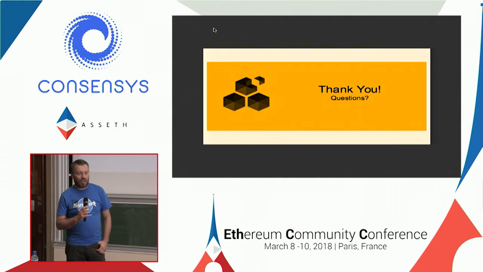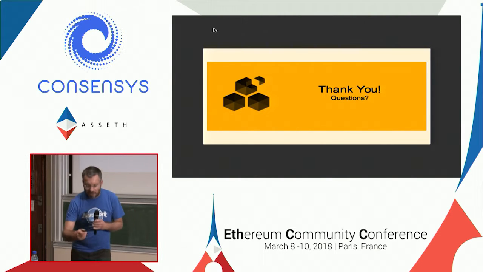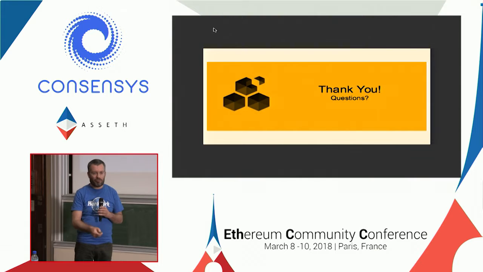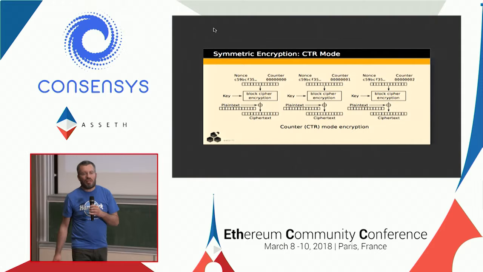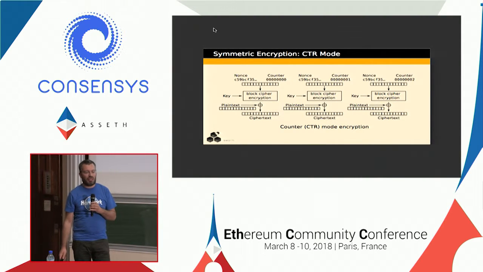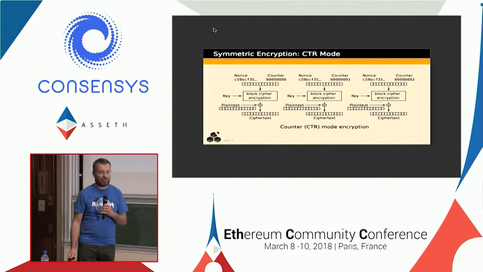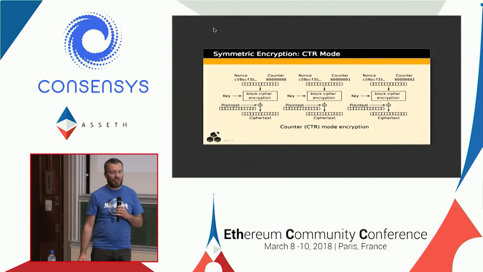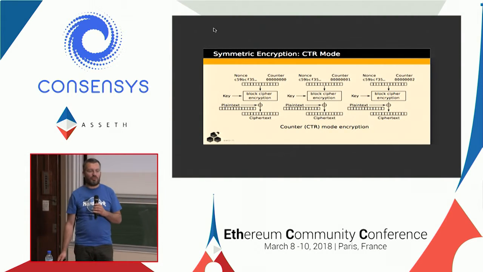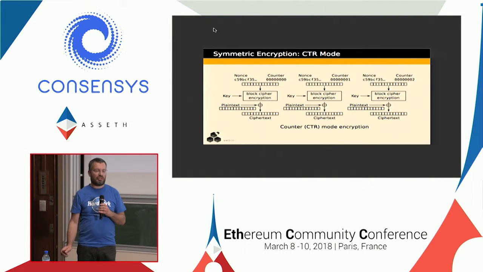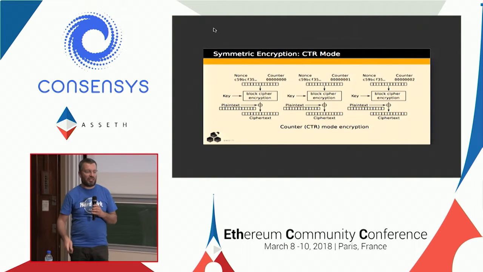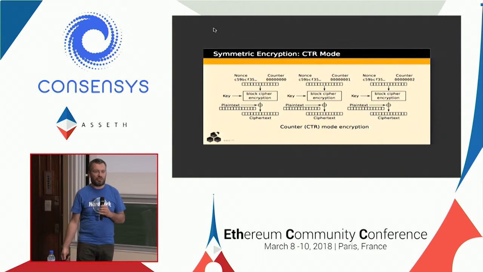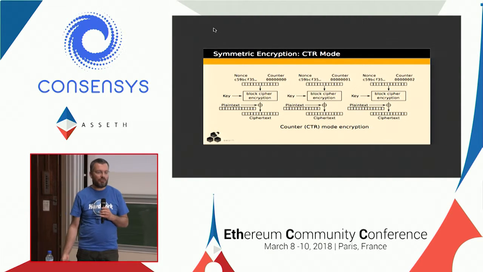I'm just wondering. So let me go back to how counter mode encryption works. Here. So if you just change data and don't move data, like don't insert and don't remove, then you only need to modify the corresponding chunks, and also walk all the way up the Merkle tree to the root, which is a logarithmic number of chunks that you need to modify, which is a small number.